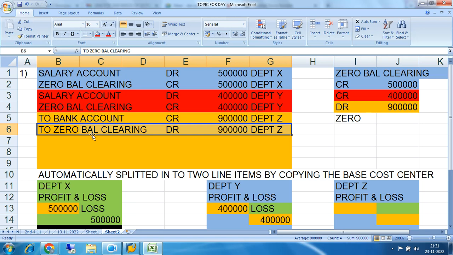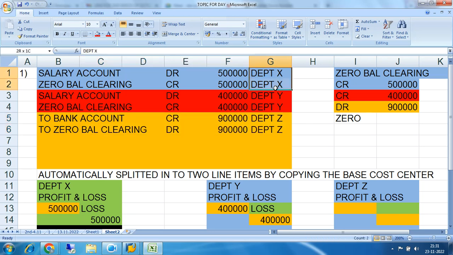Do you understand why zero balance clearing is created here? Because for the debit lines there are different profit centers, and for the credit lines there are different profit centers. So therefore zero balance clearing happens.